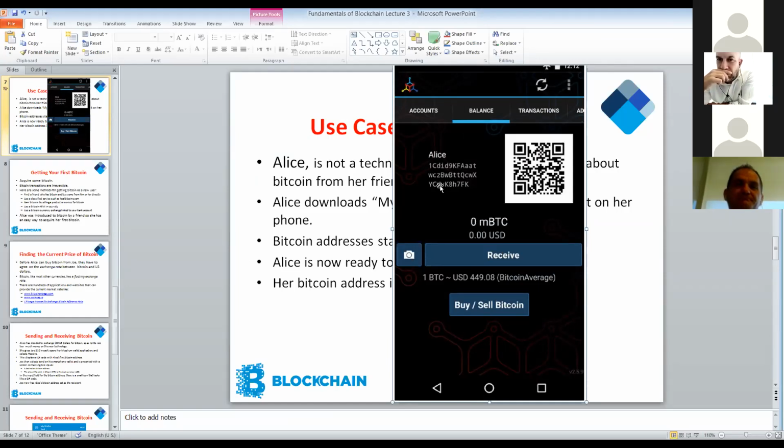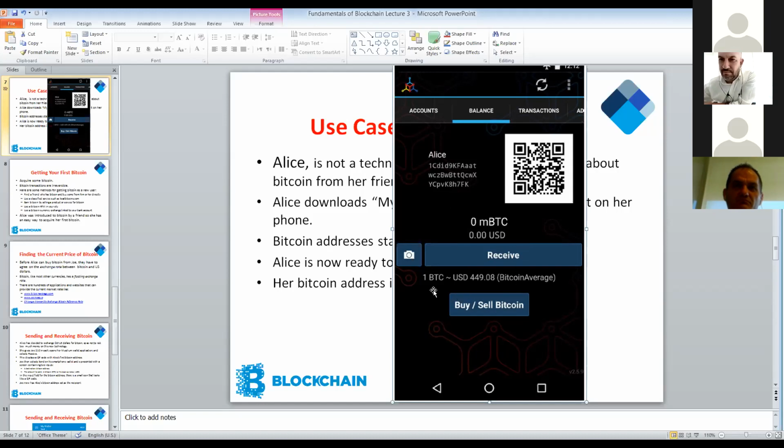You see the information is available, Alice's name, and there is some code. This is her private key. She has to keep it with her, and she cannot share this screen. Right now you see there is 0 Bitcoin, and the conversion rate is also 0 USD.